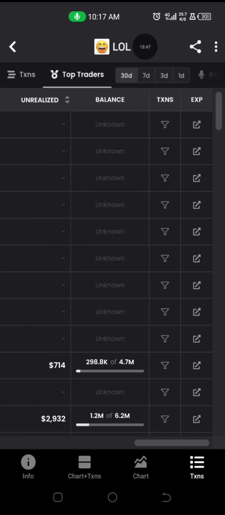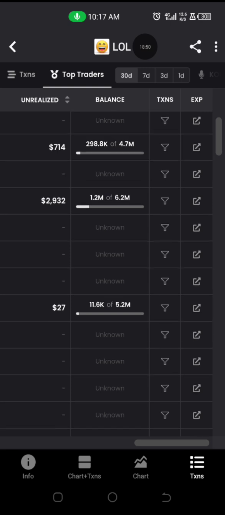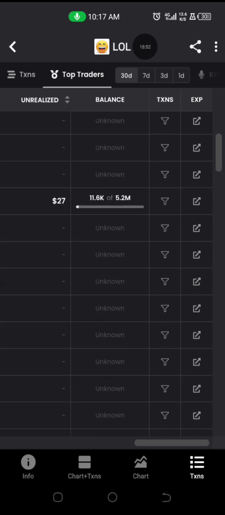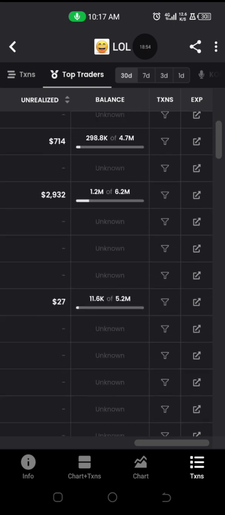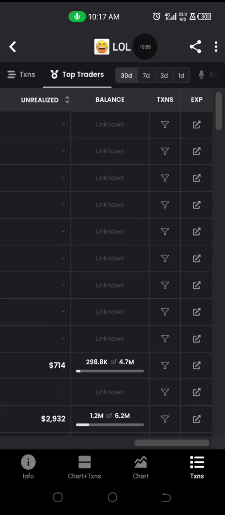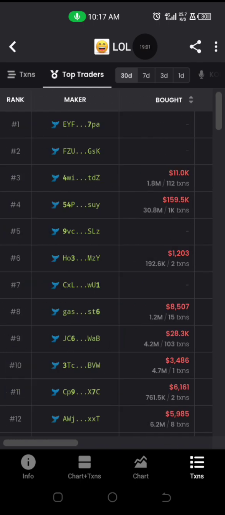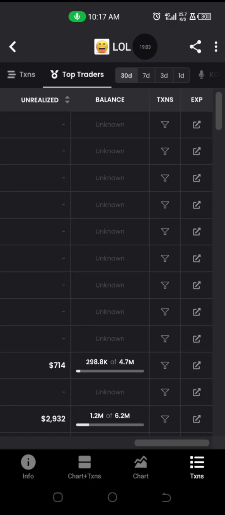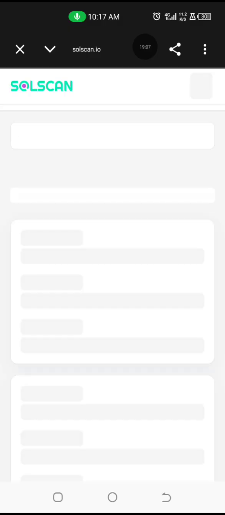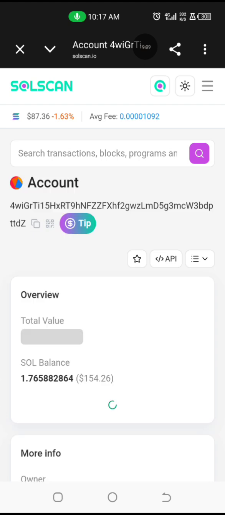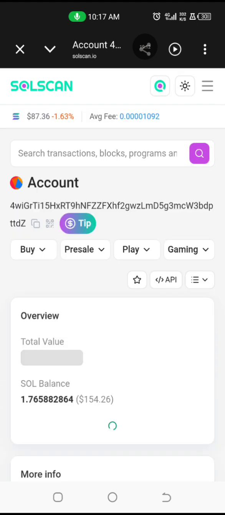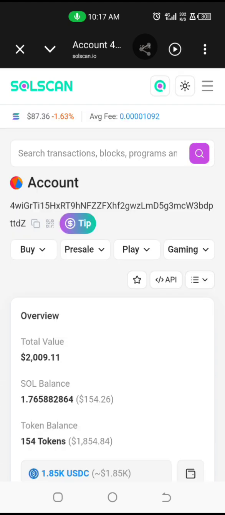Go back, and if you want to find more information about this particular token, that is when you need to go to Explorer, depending on the wallet. If you want to check information about this wallet number 3, you can just go to number 3 here. You click, and it's going to take you to Solscan, depending on the blockchain on which the token is built.